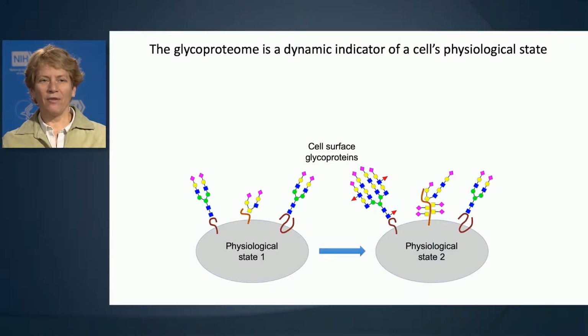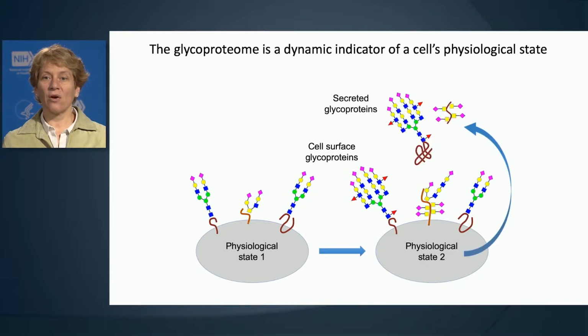So, as many of you know, glycoproteins are major components of the cell surface. And when a cell changes from being in one state to another state, the structures of the glycans on those proteins can change. And it's not just true for glycoproteins on the surface of a cell. It's also true for glycoproteins that are secreted from a cell and that might be found in biological fluids.